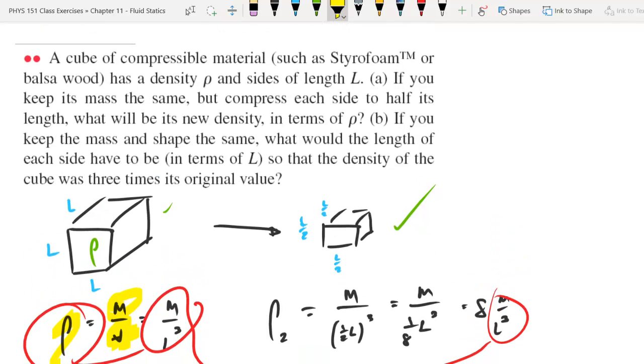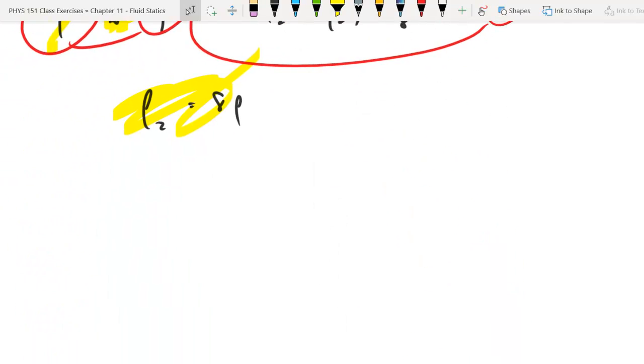Then part B asks us, if you keep the mass and shape the same, so still a cube, what would the length of each side have to be so that the density of the cube was 3 times its original value? So we'll want a new density, right? Call this density 3.